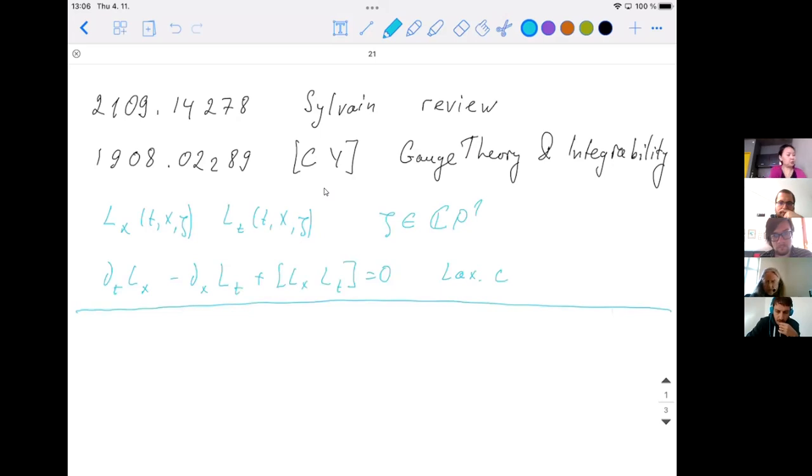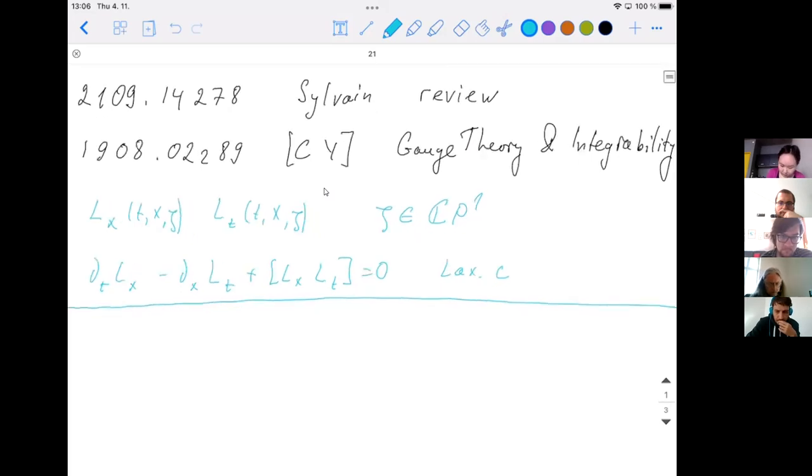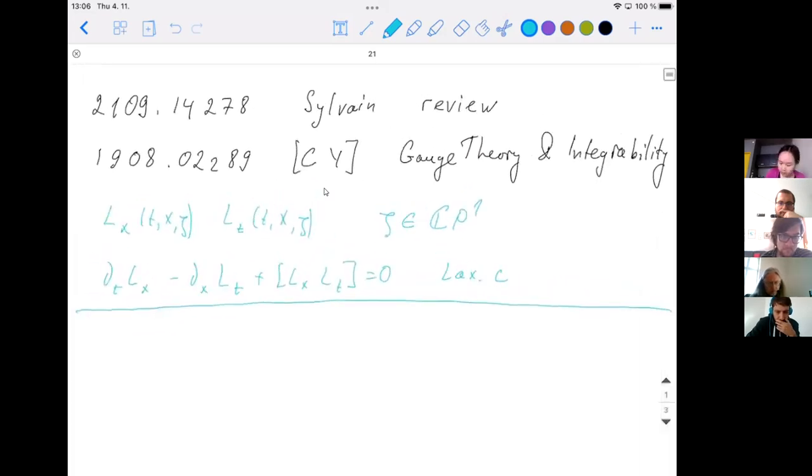If you look at the three-dimensional Chern-Simons theory, we remember that in three dimensions, the Chern-Simons theory is, we can just write it like this.